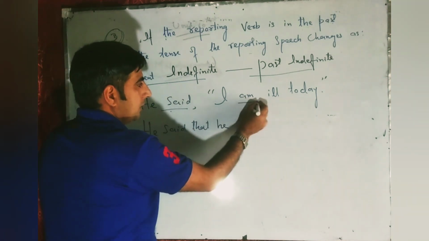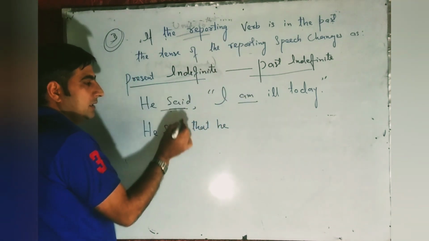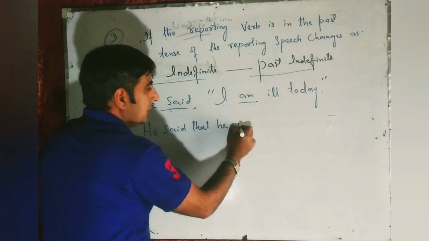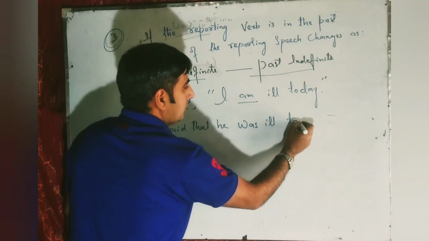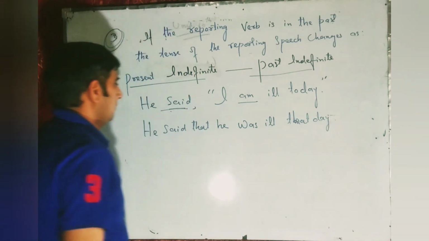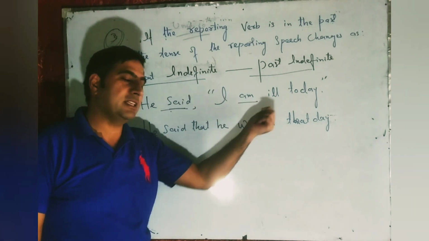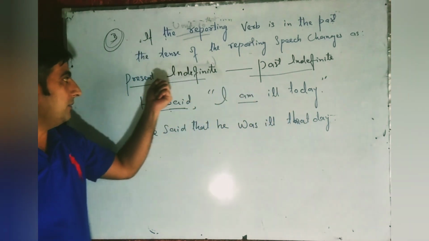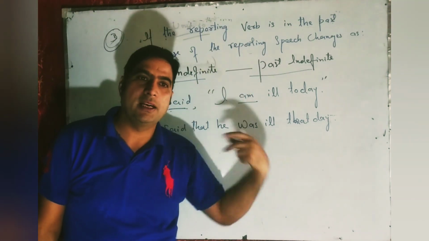In front of he, we cannot use am. So in order to change this into the past, we will use he was ill. Today will change into that day. So he said, I am ill today. He said that he was ill that day. So present indefinite changed into past indefinite.